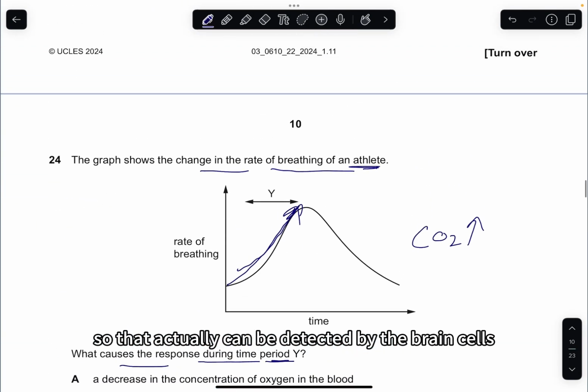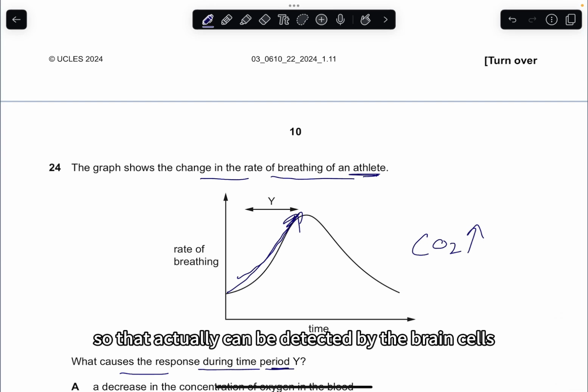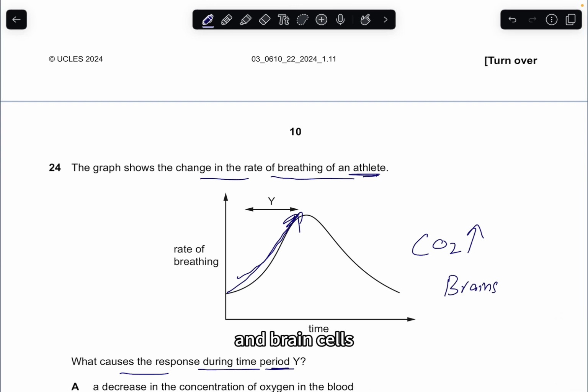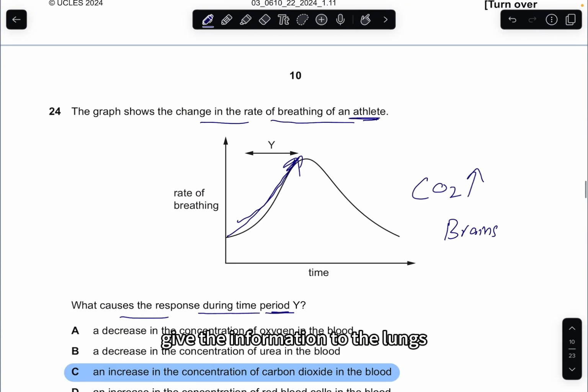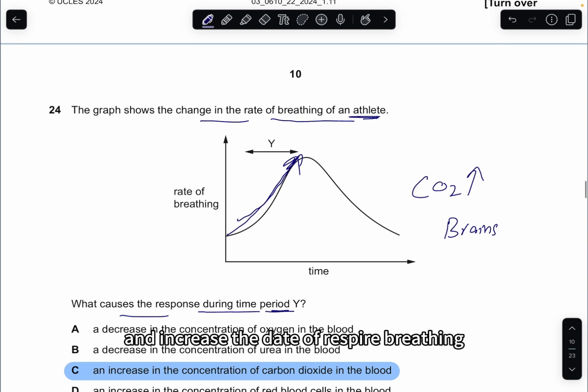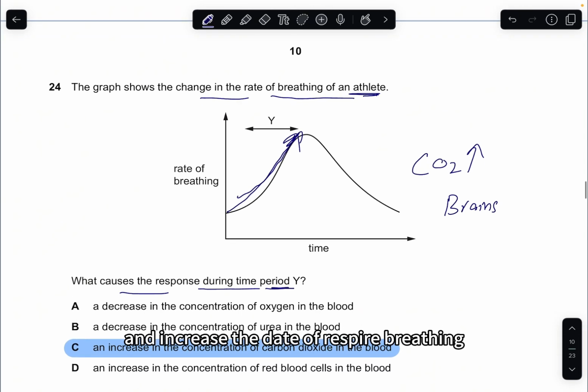That can be detected by the brain cells, which give the information to the lungs to increase the rate of breathing.